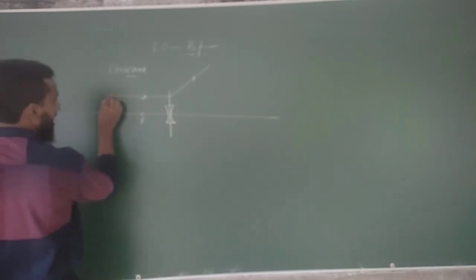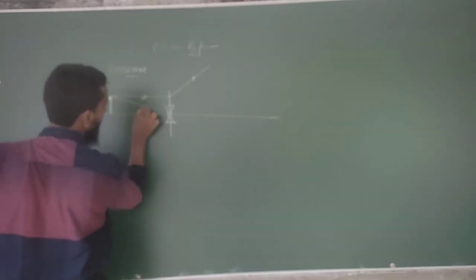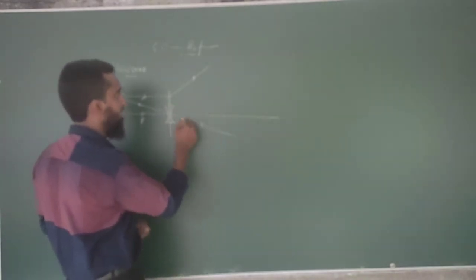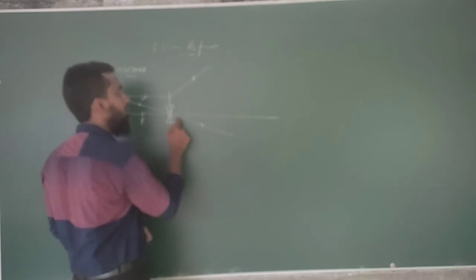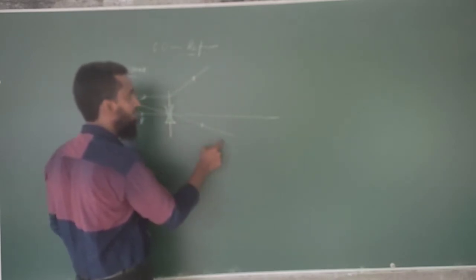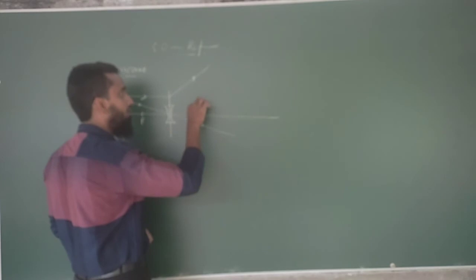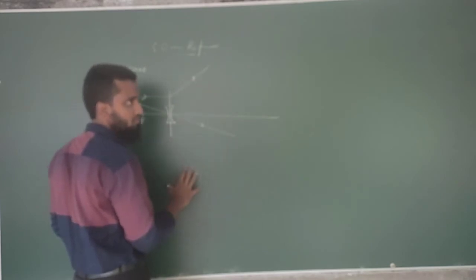The second ray diagram, the ray which is going through the optical center is going to move in the same way, right? Now after the refraction, this ray is going in this side, this ray is going in this side, then no chance to meet these two rays, right?